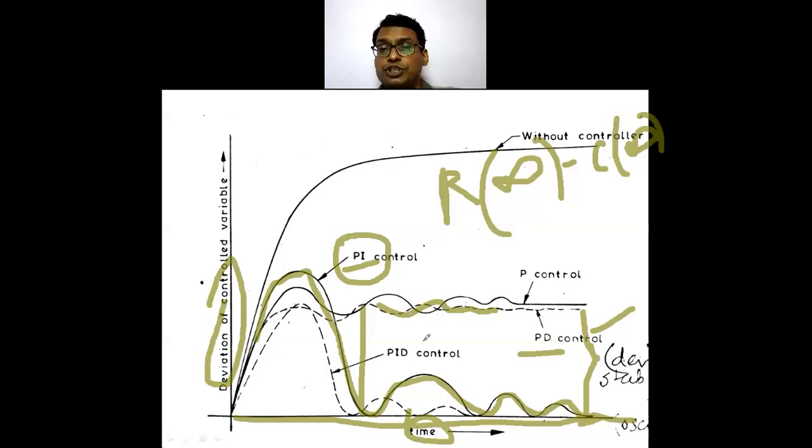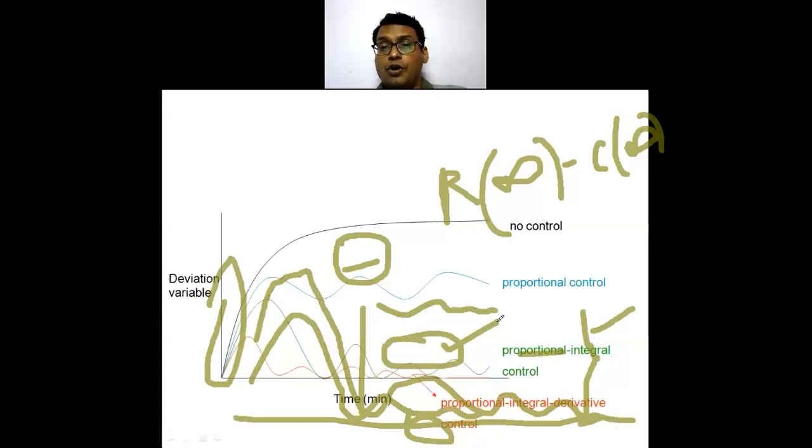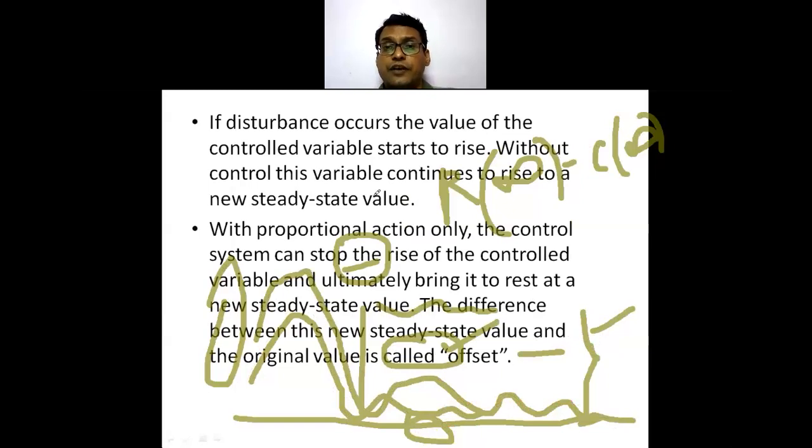So the integral controller reduces the offset as well as the deviation, and that is why for better control you use the proportional integral derivative controller, where the offset as well as the oscillations are both reduced.